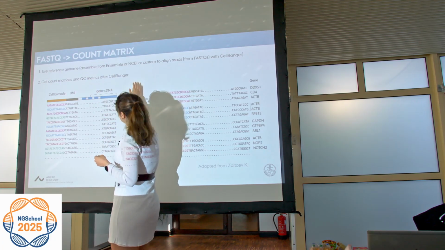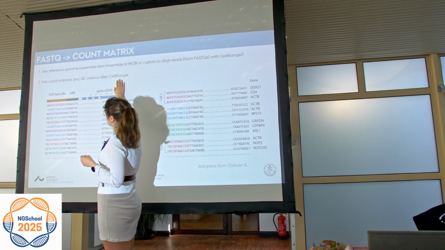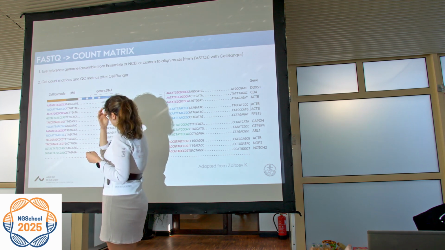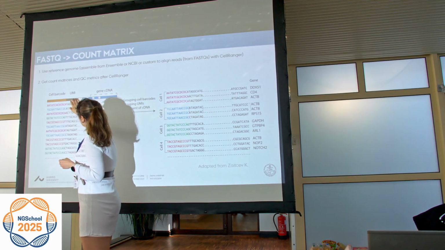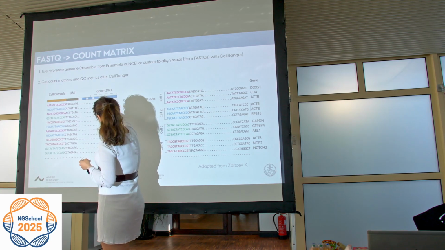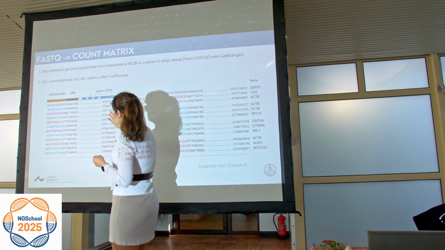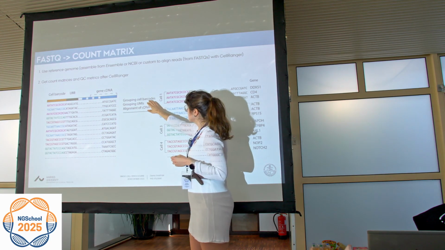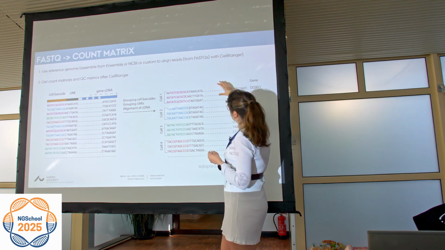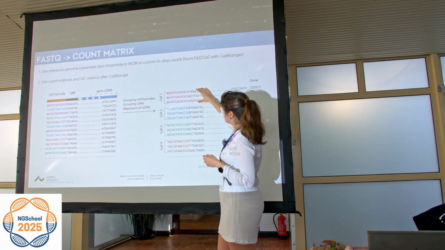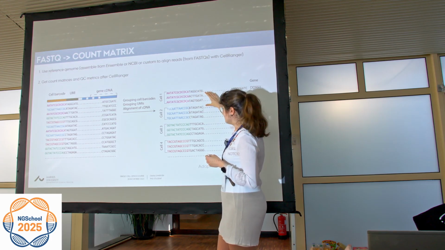Typically for 10x, you use software called Cell Ranger from the 10x company. Then you have this sequence, cell barcode and UMI. And here, this part is aligned to the reference genome. You are grouping cell barcodes, grouping UMIs, trying to understand which molecules of mRNA belong to which cell.